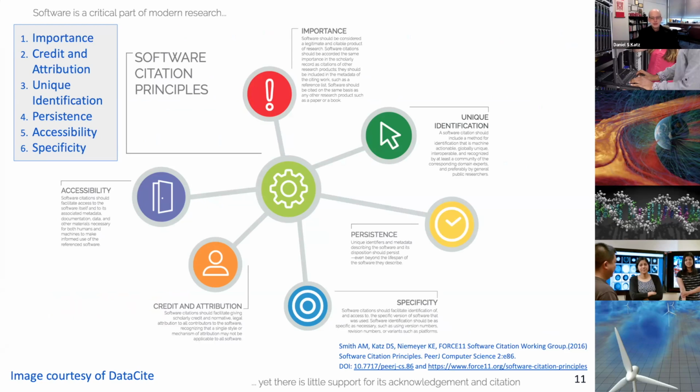Persistence. That the unique identifiers and the metadata about the software should persist even if the software itself goes away. Accessibility. That software citation should facilitate access to the software itself and its metadata, documentation, data, etc. And specificity, that the citation should point to the specific version of the software that was used.